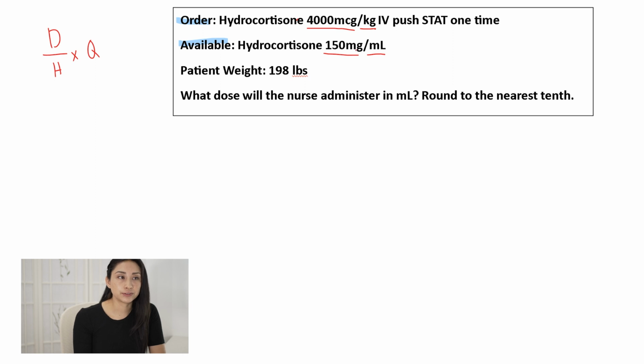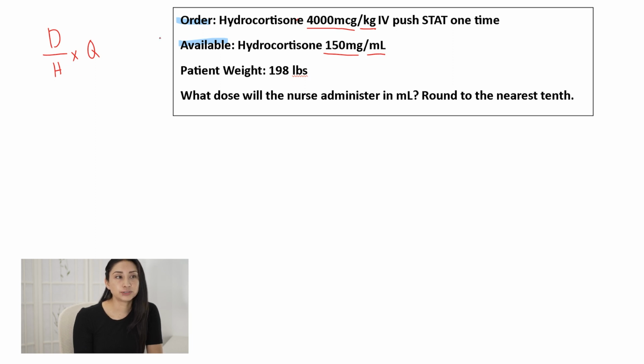So here we have 150 milligrams. And lastly, the Q portion is going to be the quantity it comes in. Usually your quantity will be in measurements of tablets, capsules, or milliliters. In this formula, we are going to use milliliters because that's what we have on hand.